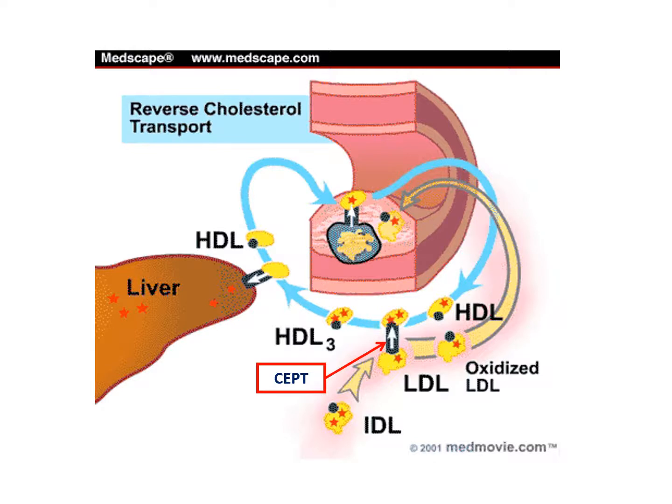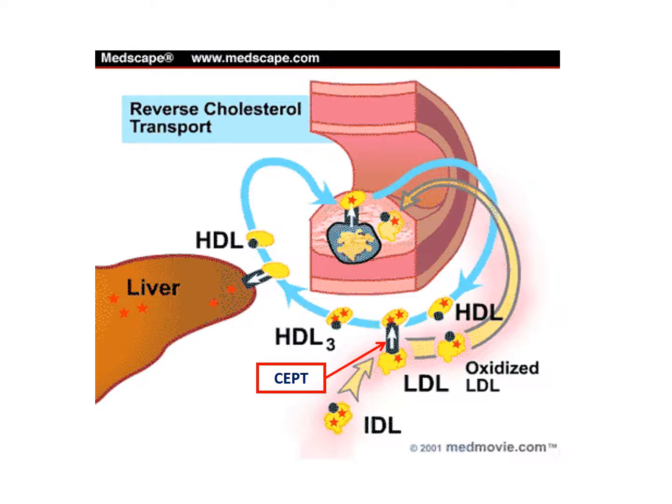So you can see from this diagram the reverse cholesterol transport. You notice I labeled CETP down there in the box, and you can tell that the HDLs are removing the cholesterol esters from the oxidized LDLs, and then it's going to transport it back to the liver for removal. So you can reduce the oxidized LDLs with HDL.